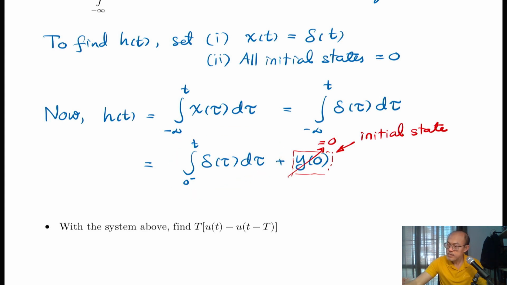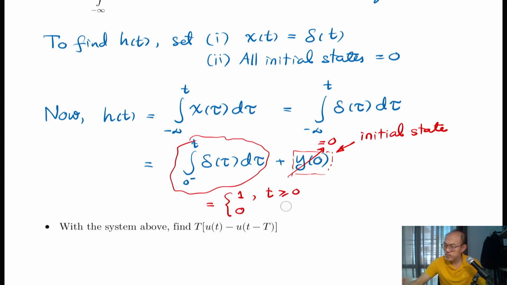This integral is 1 when t is greater than or equal to 0, and 0 when t is less than 0. And this is just u(t). This is actually the definition of the unit step signal.